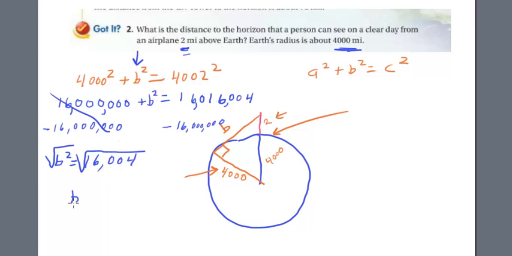I get b equals, let's see, the square root of 16,004 equals 126.5069. So if we round, we can say about 127 miles.